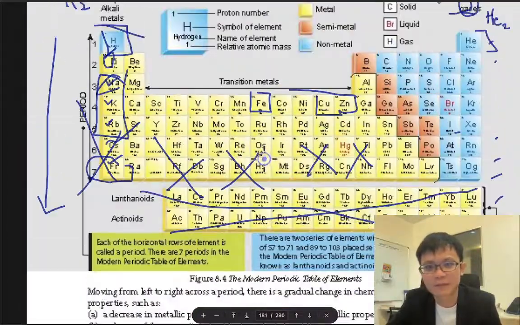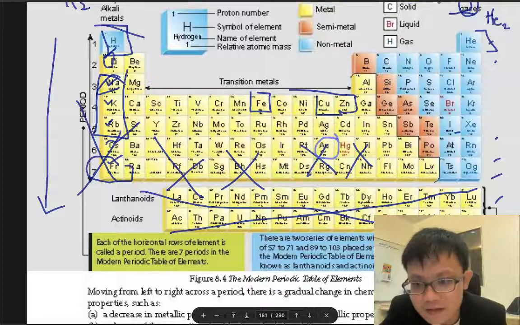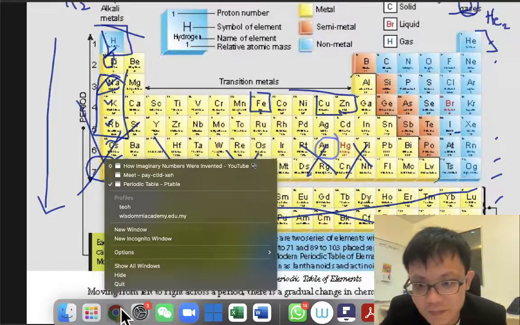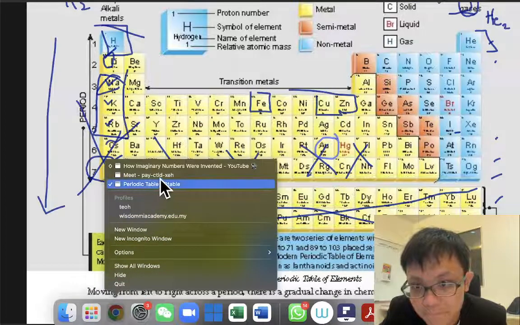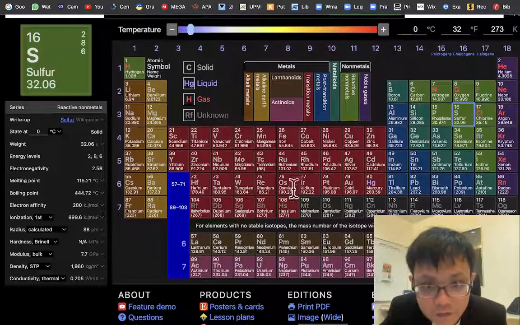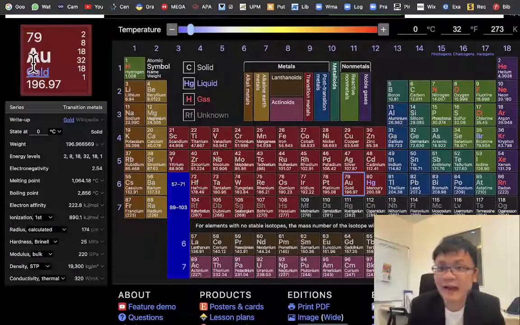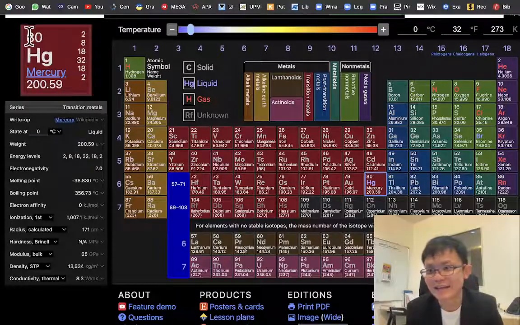What does it mean? For example, gold. Where is gold? Gold is Au. Let's look at this periodic table. Gold is Au, 79. 79 is the proton number of gold. And let's say mercury is 80.